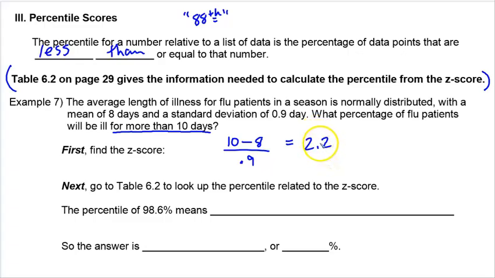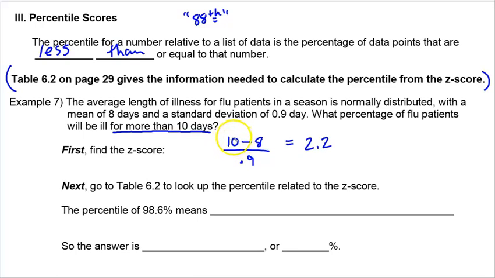Now you're going to go in your text and look up the table on page 29. If you need to pause and go back to your text and look at this table, you'll see it's pretty large, and you're given percentages, percentile scores, and z-scores.